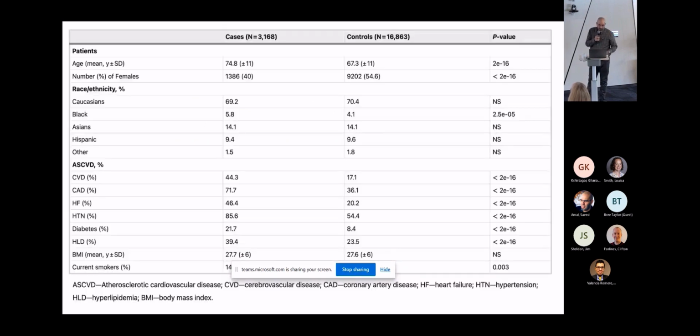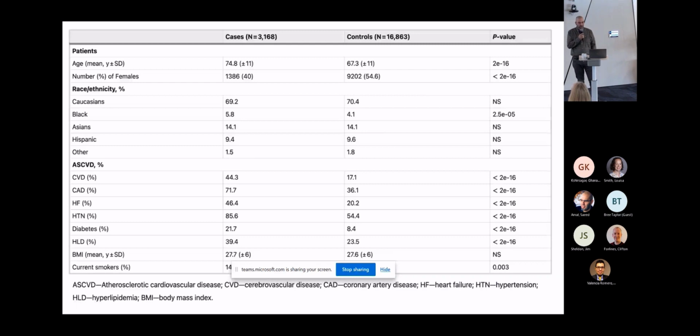We can see that in race and ethnicity, the Caucasian was not a significant feature in terms of the predictiveness of the features. The Black was significant, Asians and Hispanic was not.